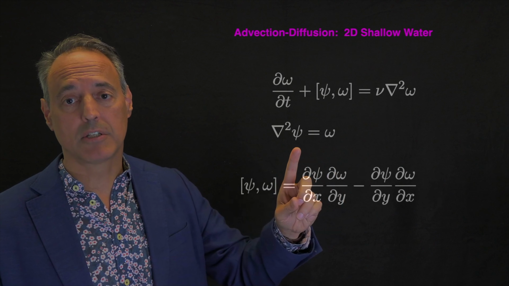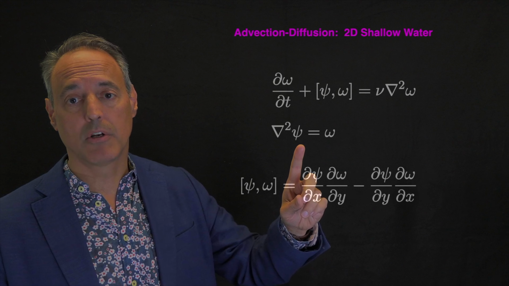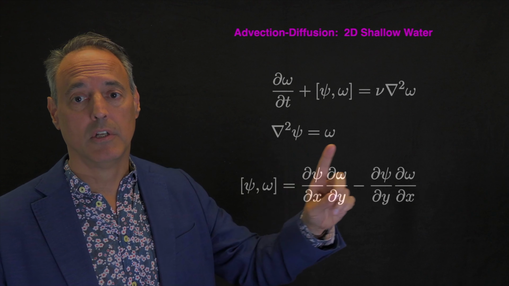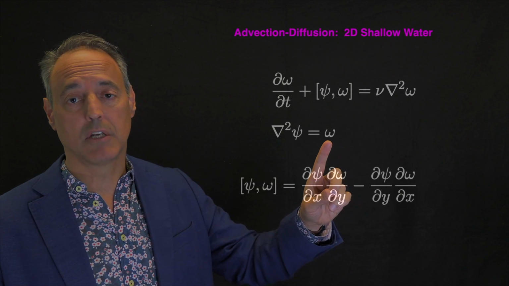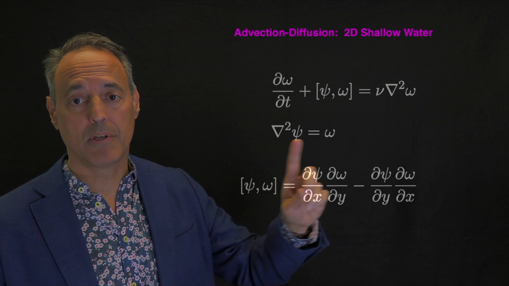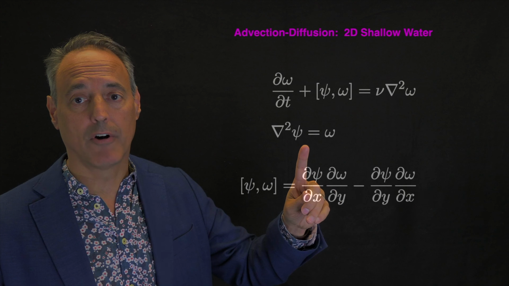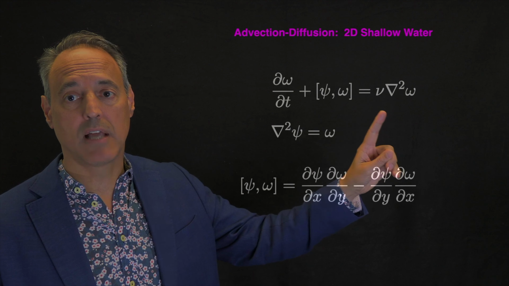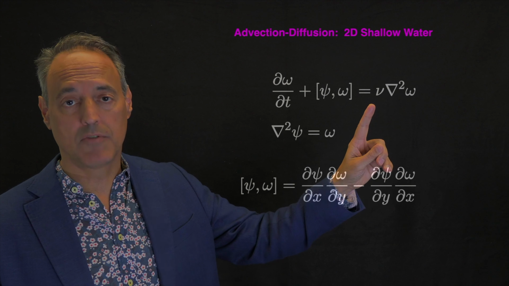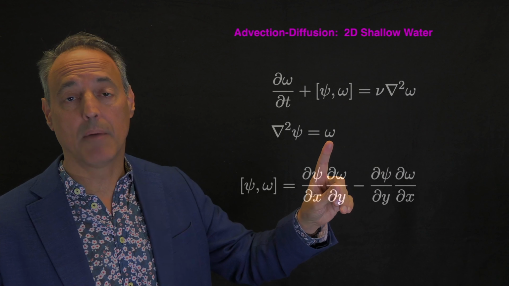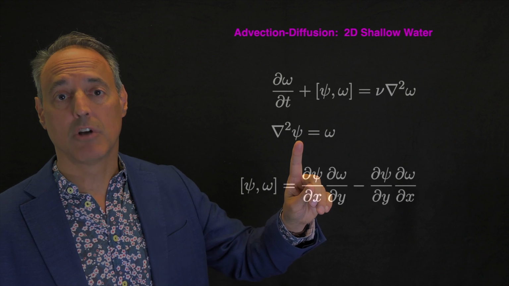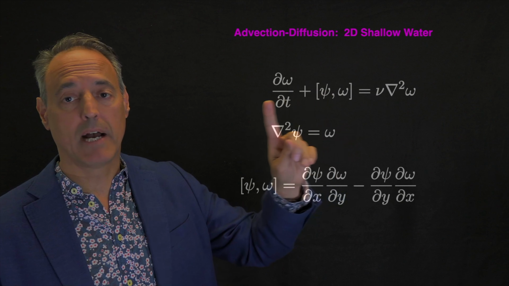The stream function itself satisfies this Poisson equation. So I have the stream function, and the Laplacian is equal to the vorticity. So the first step is given an initial vorticity, I'm going to have to solve for the stream function, and then I can take a step forward in time here. And once I've done that, I can come back with my updated vorticity, solve for the stream function, come back, solve this again.